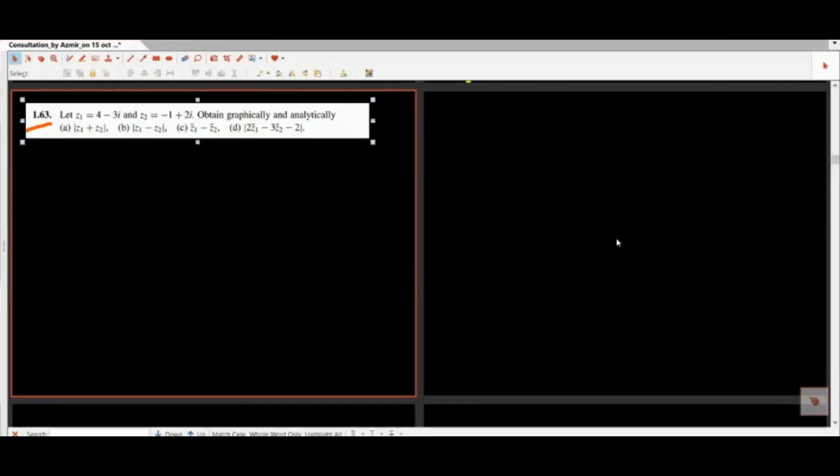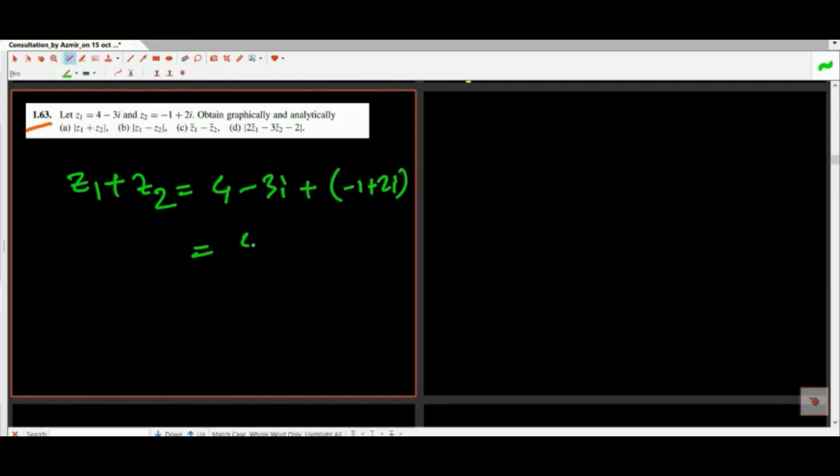Let us solve the first one: we have to find the modulus of z1 plus z2. If we add z1 and z2, it will be 4 minus 3i plus negative 1 plus 2i.